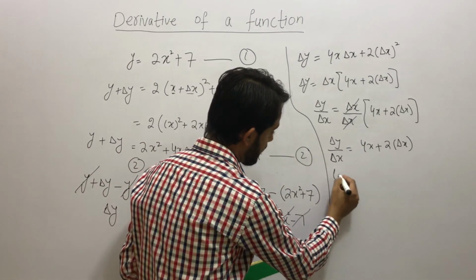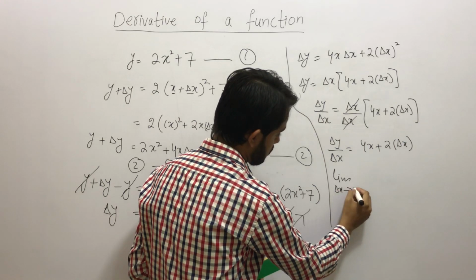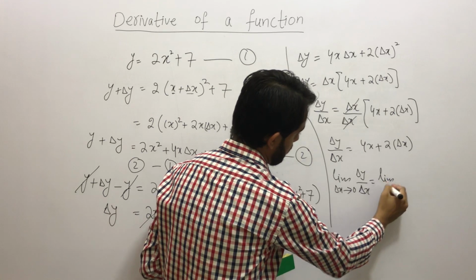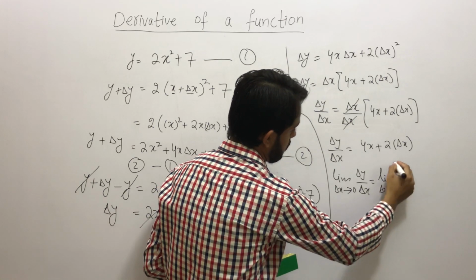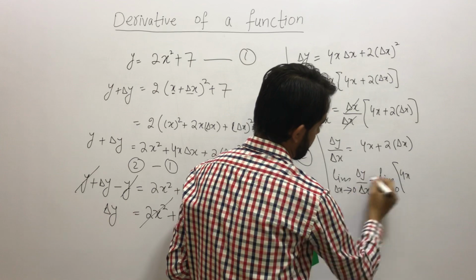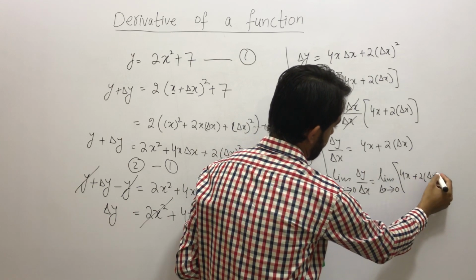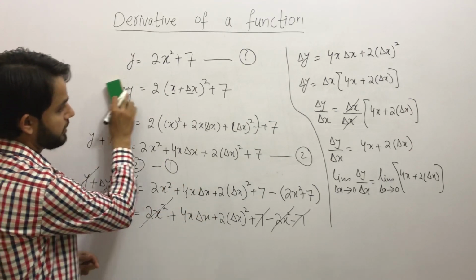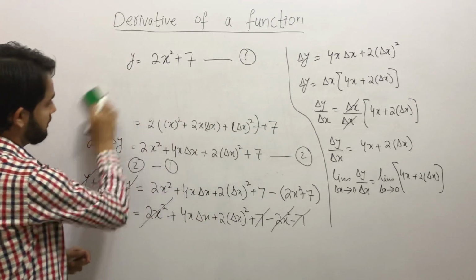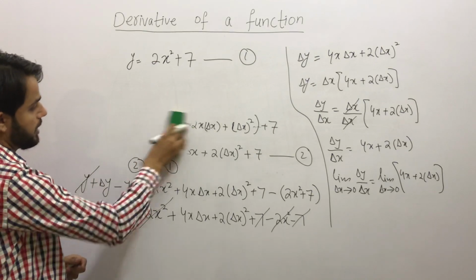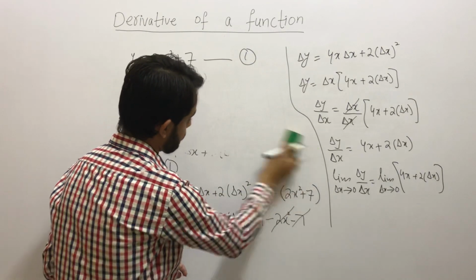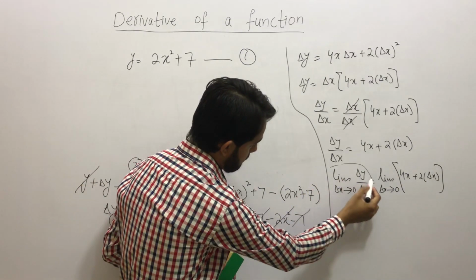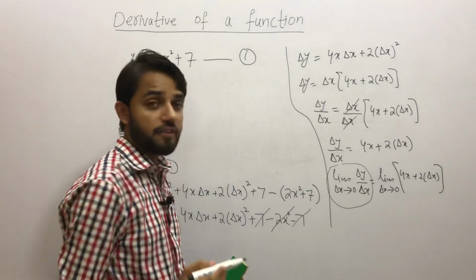So we will apply limit delta x approaches 0 on the left hand side and on the right hand side as well. Okay, let's remove this for a little space. I hope that you have copied this example. Now this will become your f prime of x.